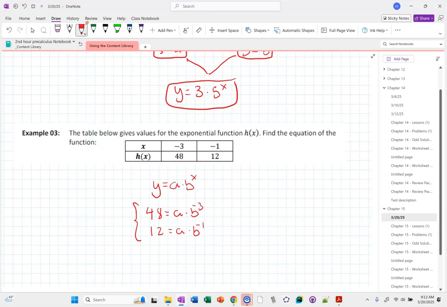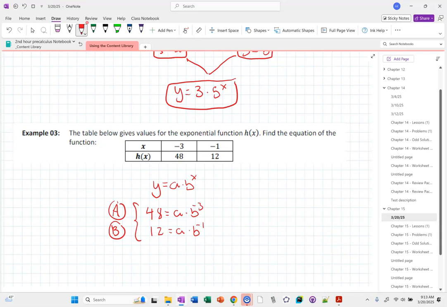So I'm going to label these equations as A and B, and I'm going to divide one equation by the other. It doesn't matter which one you divide, or which one is the top or the bottom of the division problem. But if you're careful, you can make that division problem a little bit easier by making a good choice here.